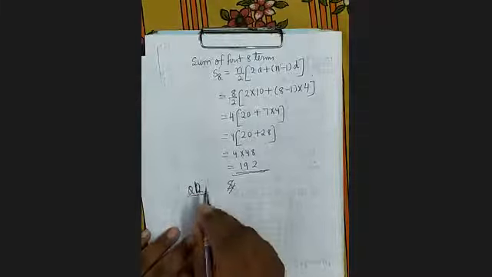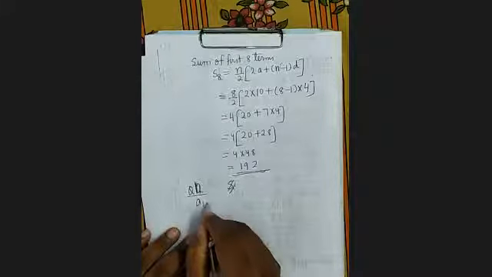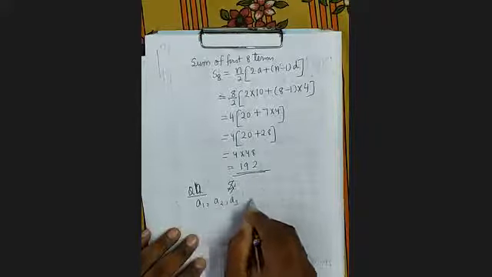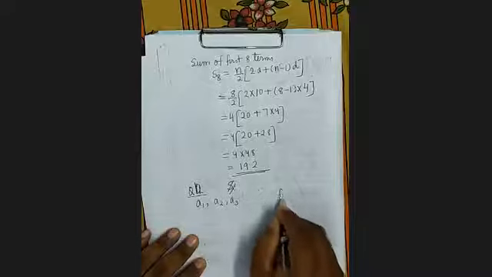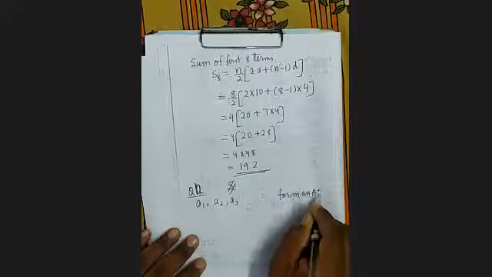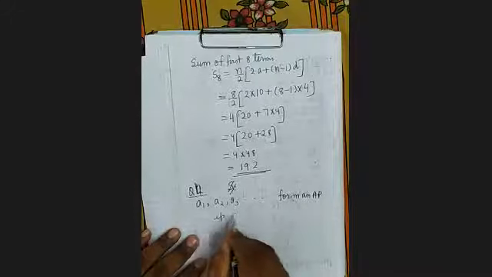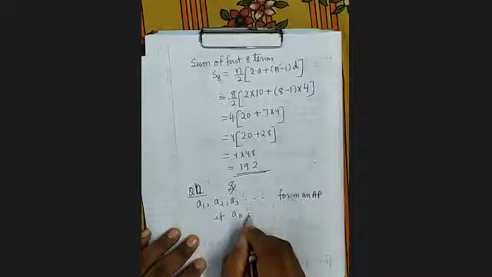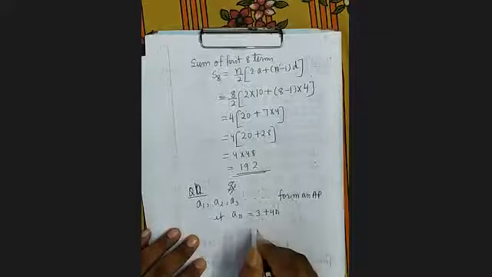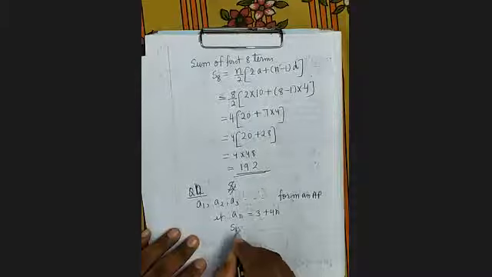A1, A2, A3 and so on form an AP. If An equals 3 plus 4n, show this, and also find the sum of first 15 terms, that is S15.